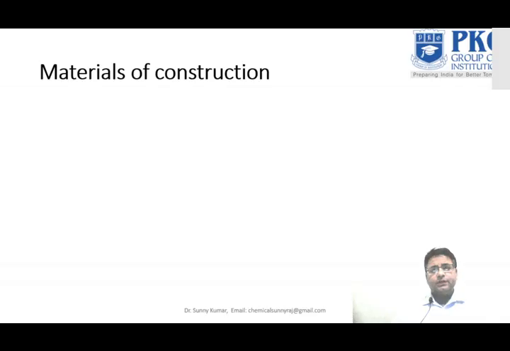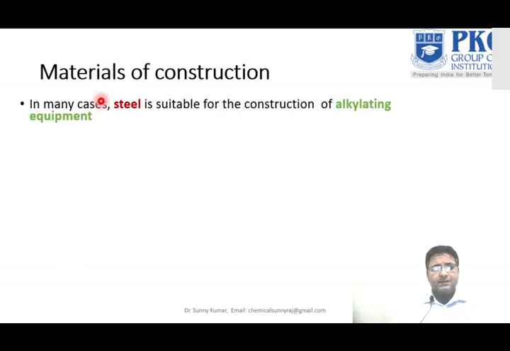So first the topic is the materials of construction. In many cases steel is suitable for the construction of alkylating equipment. Generally you will ask why we are not using iron, or plastic. Actually, because the alkylation reaction is corrosive, and it can react with the material of the system, that can affect the product quality.